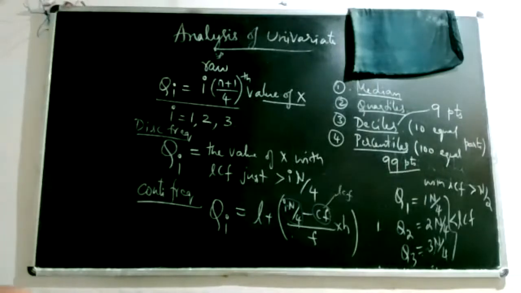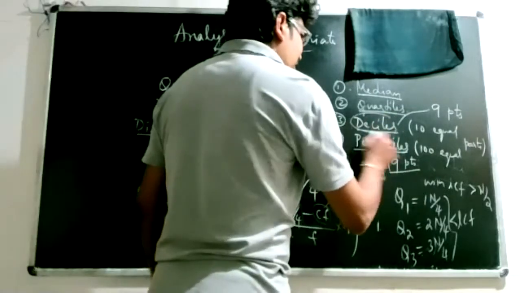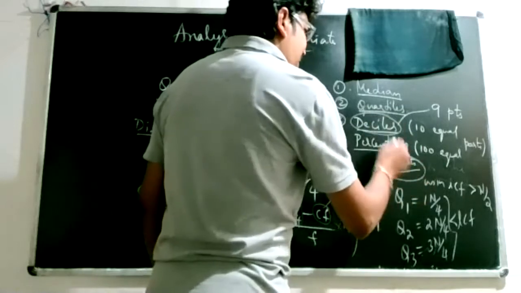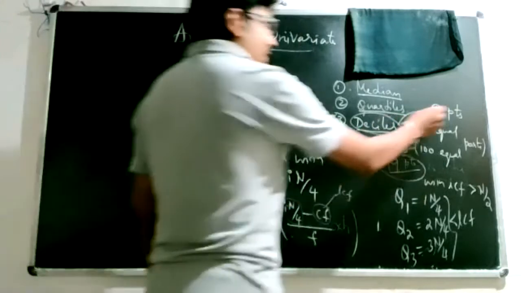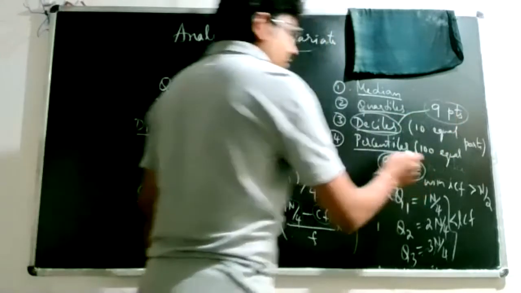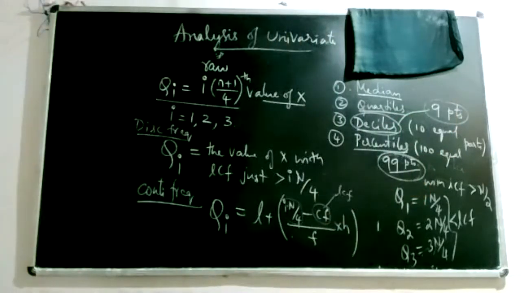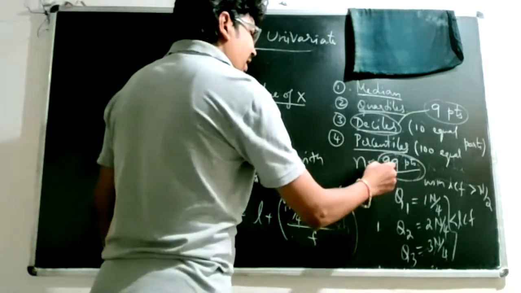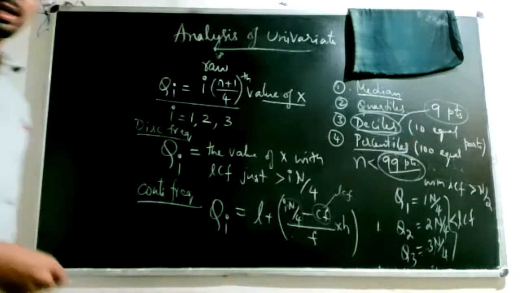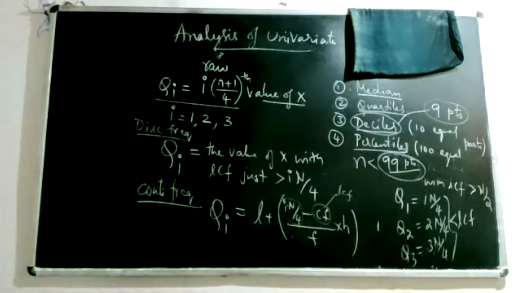So, just by looking at the definition, you will see that the application of deciles and percentiles comes into the picture if you have at least 9 points or 99 points given in the data. But we could just apply the definition, and even for a case where n is less than 9 or n is less than 99, we could obtain the partition values.